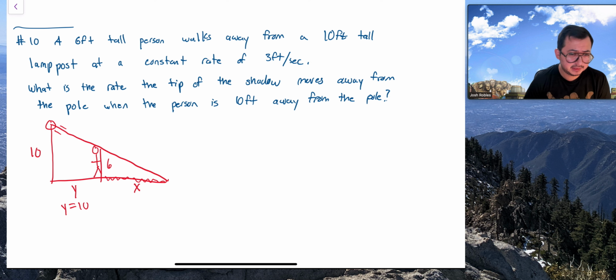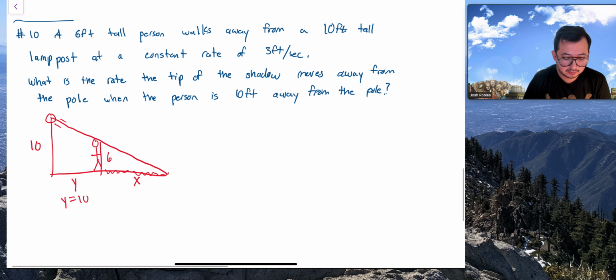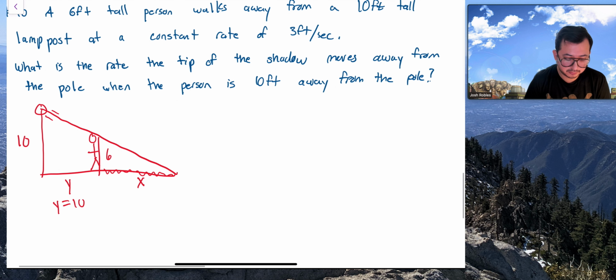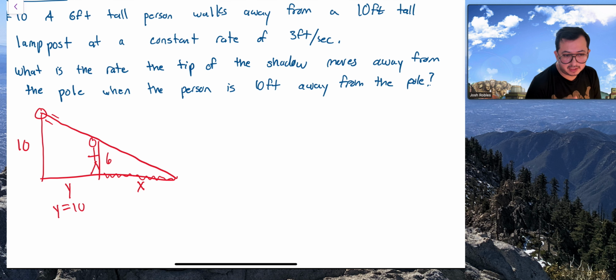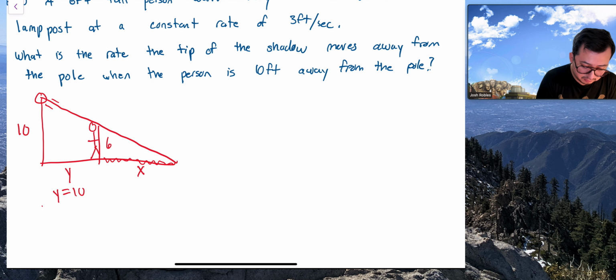We may or may not need to know the value of x throughout the problem, so we don't need to solve that ahead of time. So this is going to solve with the structure of similar triangles, but we need to keep in mind that that's its own length there. And the way the question is worded, it says, what is the rate the tip of the shadow moves away from the pole? So all the way back to the pole. And so that's actually its own variable also.